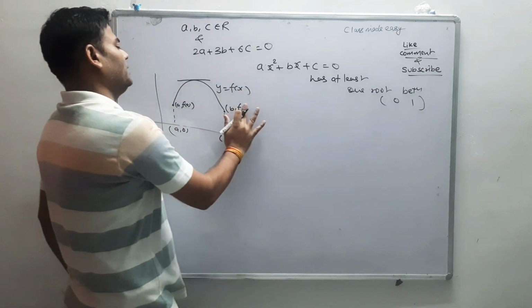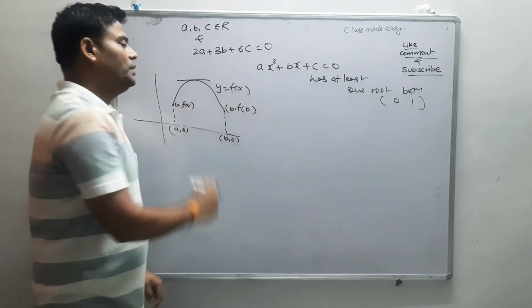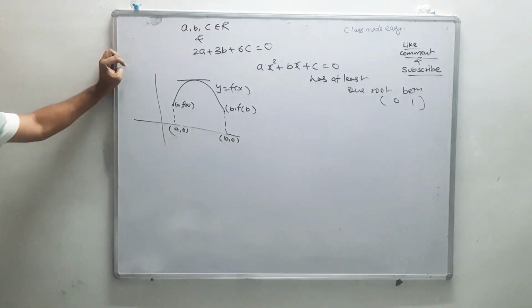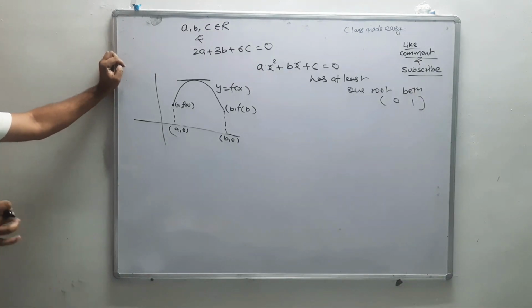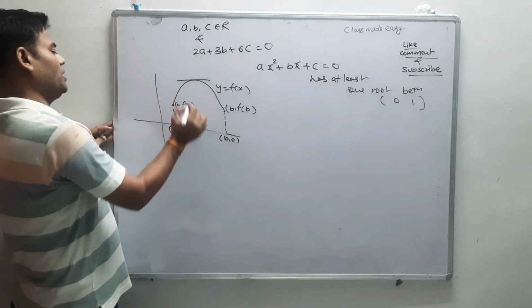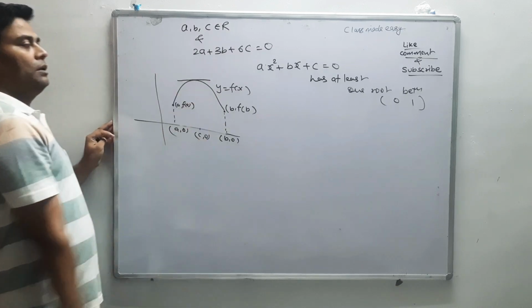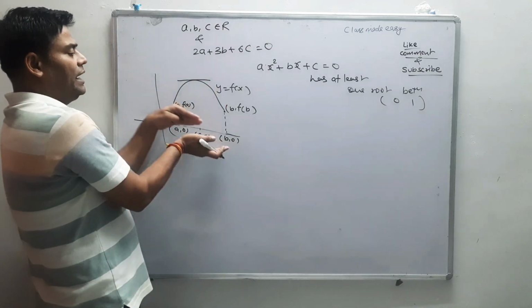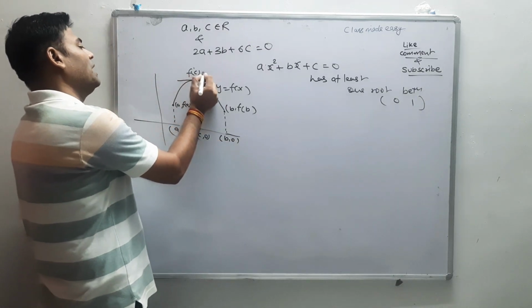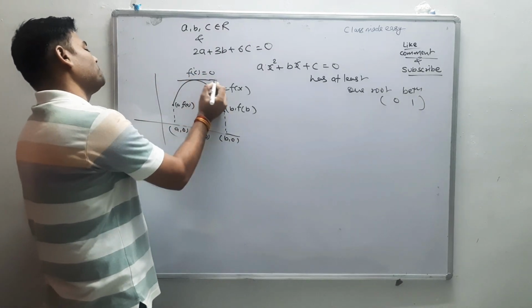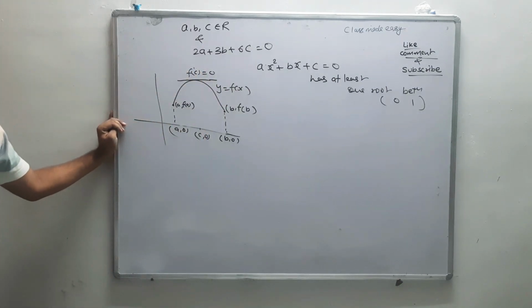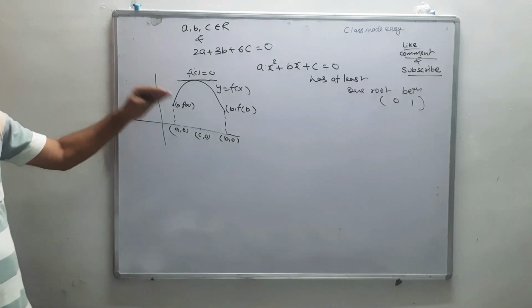If that function is continuous and differentiable, then between a and b there exists a value c. On that value, f dash c is 0. See, students, f dash c is 0 means the tangent of that curve is parallel to the x-axis.